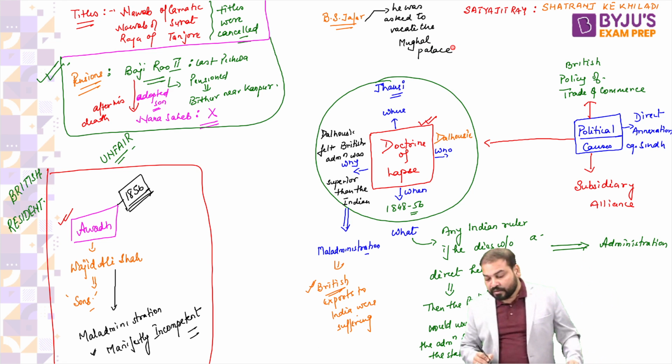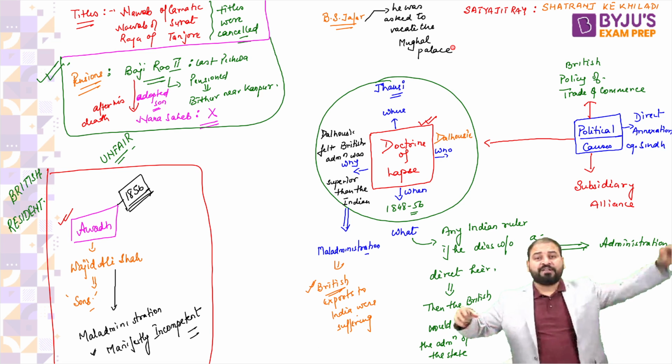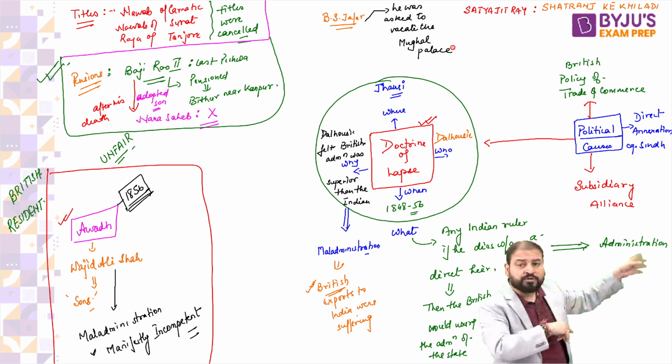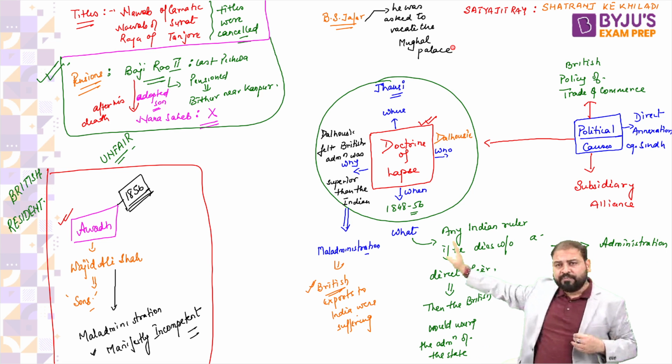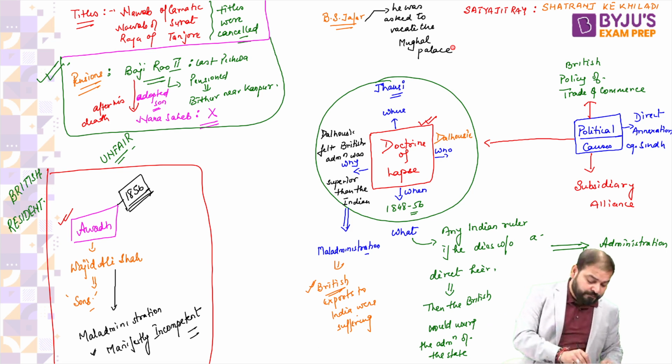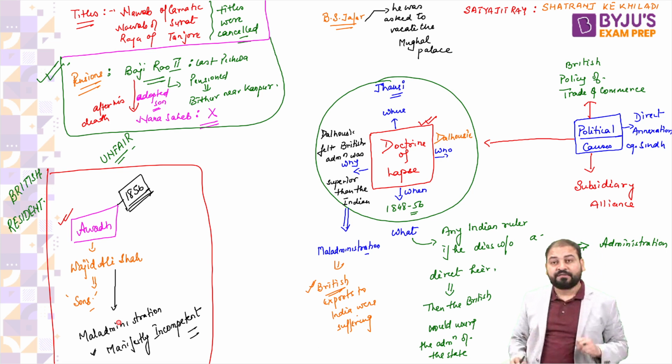That is, Bahadur Shah Zafar has been asked, Mr. Zafar, please vacate Lal Killa. Go out somewhere. We will make your arrangements. You are no longer going to live in Mughal palace.